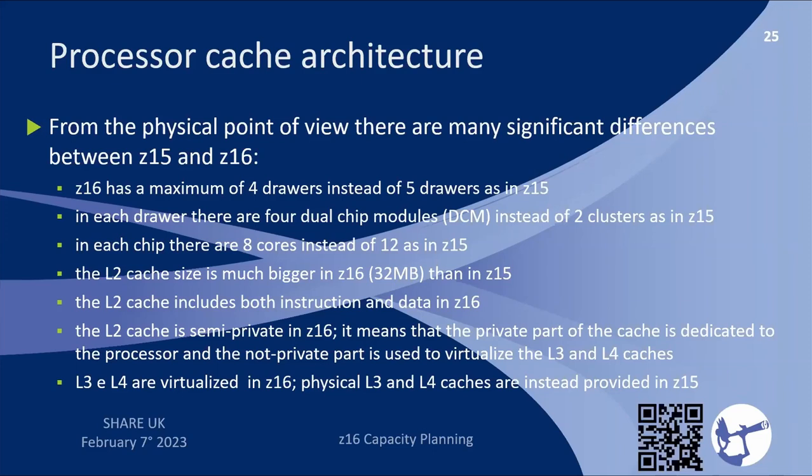So the statement is level 3 and level 4 caches are virtual now. They are not physical as they were in Z15, but because of the architecture, level 2 is definitely much bigger. And in theory, even level 3 and level 4 could be, if not the same, even eventually bigger than the previous hardware.